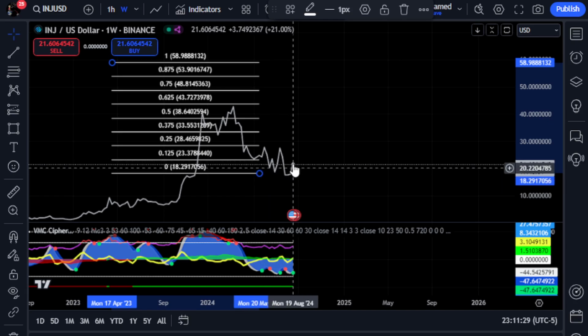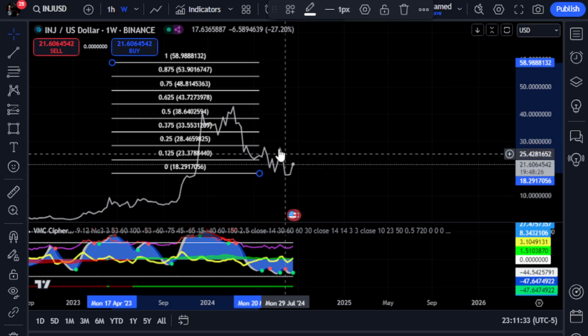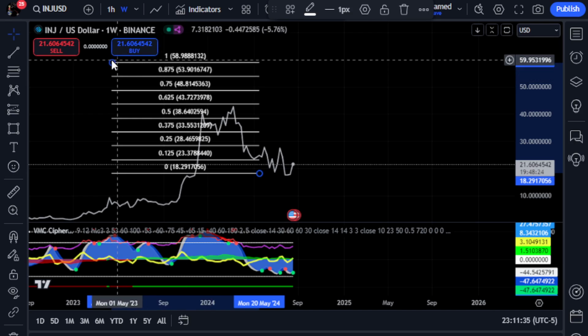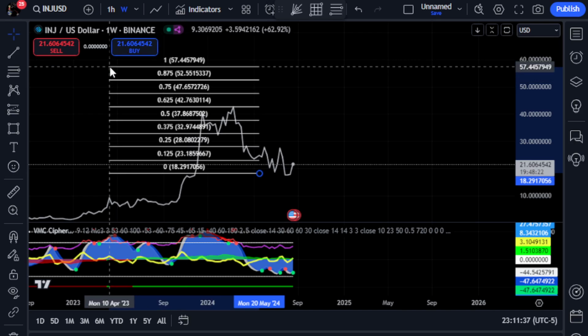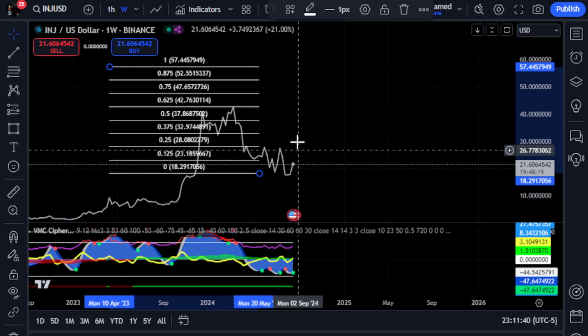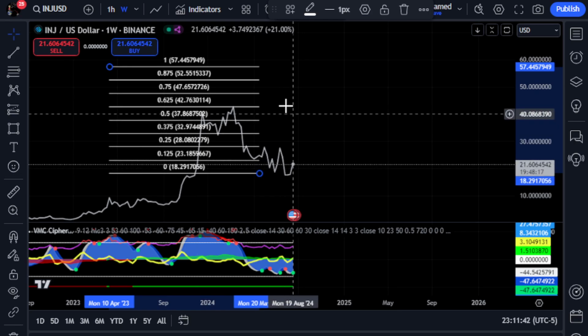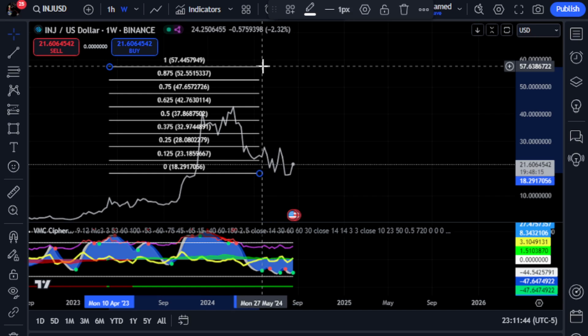If this is our low, we come up here and make this, it's pretty much just an accumulation range. It's just a duplicate of that range. And our full octave scale comes out at about 57.